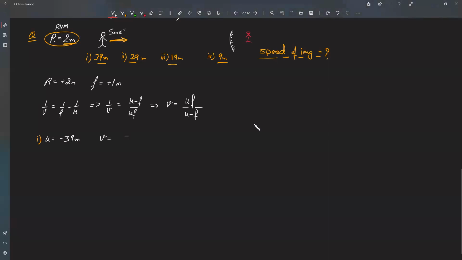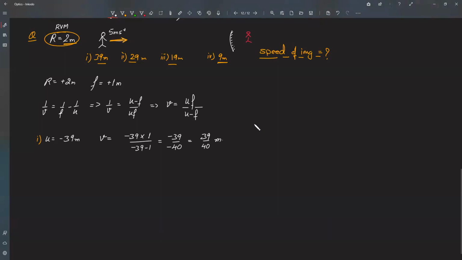Substitute the values: minus 39 into focal length 1, divided by u minus f, that is minus 39 minus 1, so that is minus 40. So this is minus 39 divided by minus 40, which is simply equal to 39 divided by 40 meters.